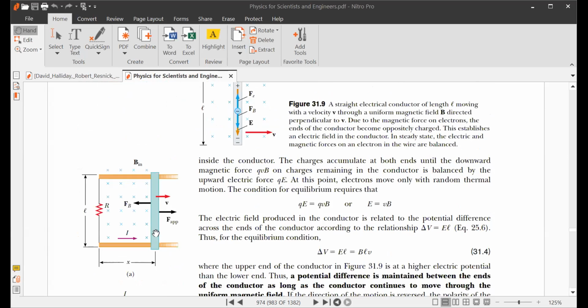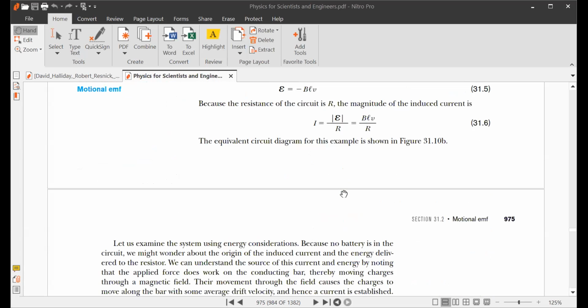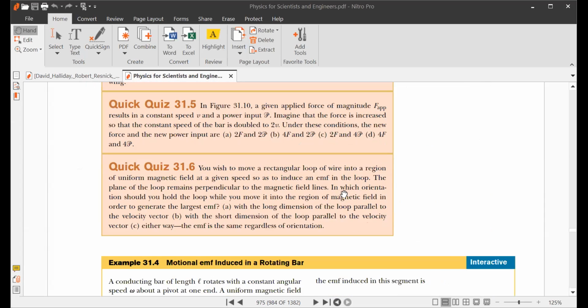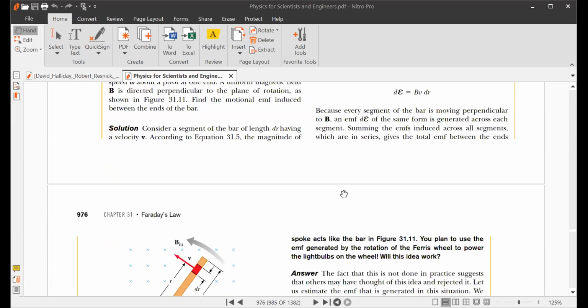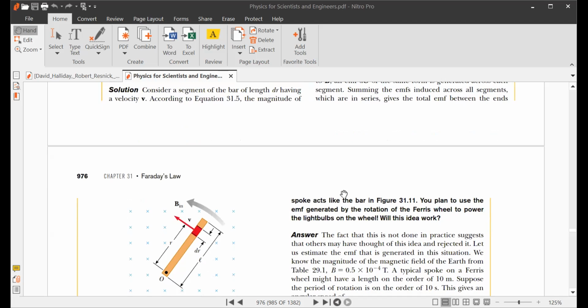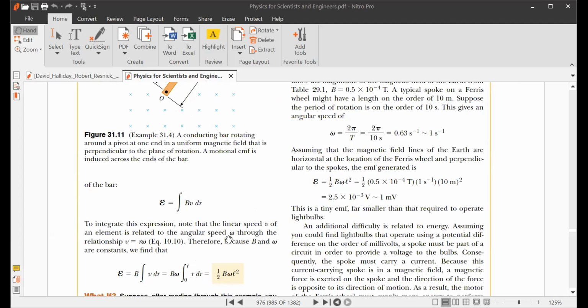Jadi batang ini, sebagai dia ideal, dianggap sebagai sumber tegangan listrik induksi. Kemudian tadi kita juga bahas tentang induksi GGL atau EMF yang bekerja pada batang yang diputar dengan kecepatan sudut konstan.